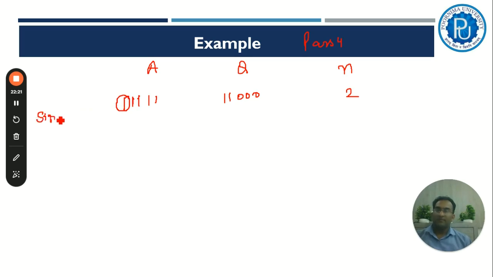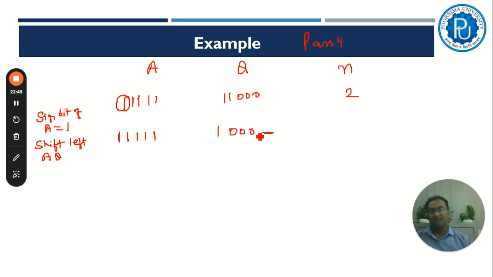Sign bit of A equals 1, so shift left AQ. We will shift left 1 1 1 1. The 1 of the Q register will come here, 1 0 0 0, and the zeroth index of the Q register will be left blank.